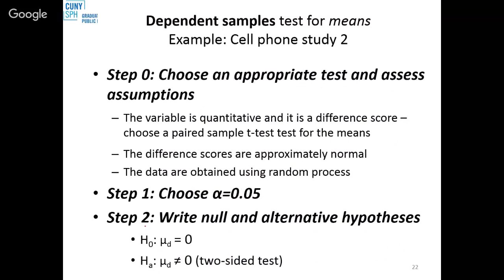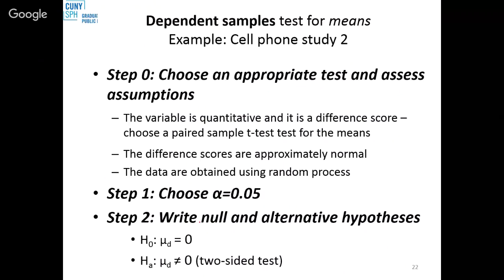Let's go through those steps again. I added a step 0 here to come before step 1, which is to choose an appropriate test and assess the assumptions. I assumed before that you had already chosen a test based on the experimental design, and then we're just carrying out the hypothesis test.